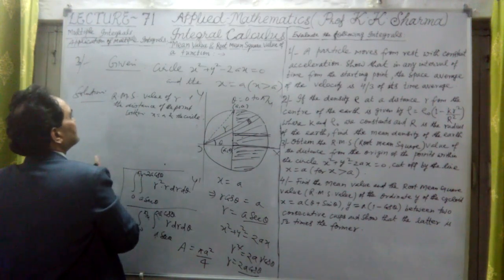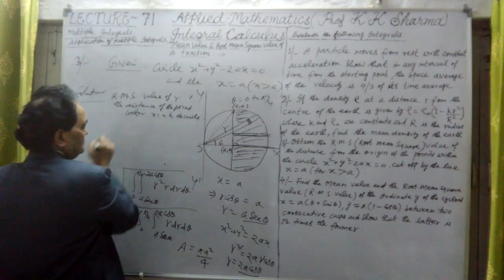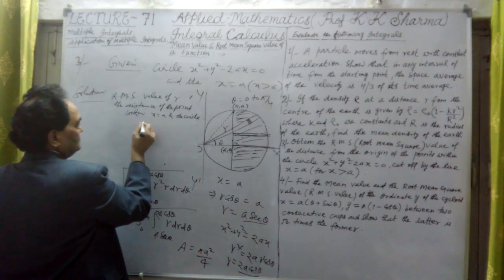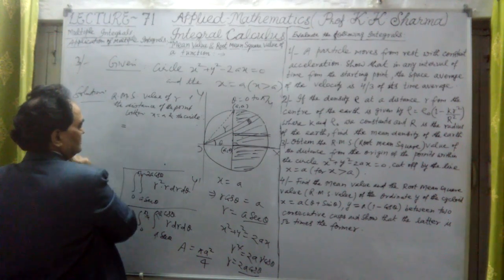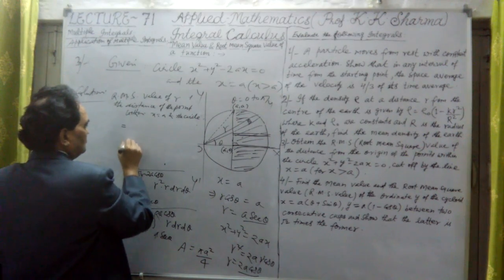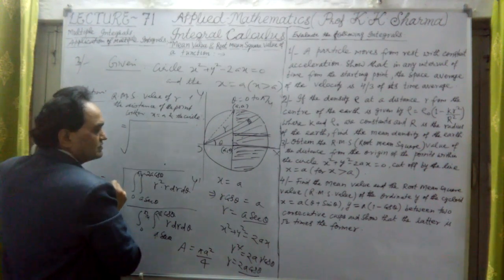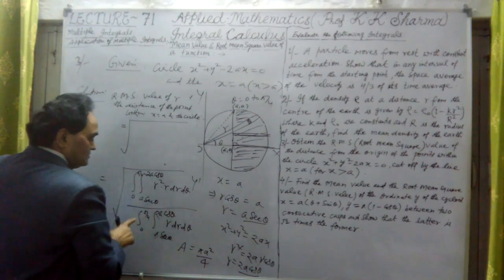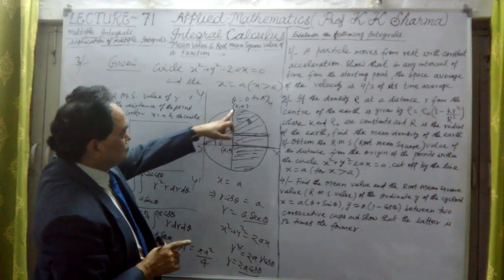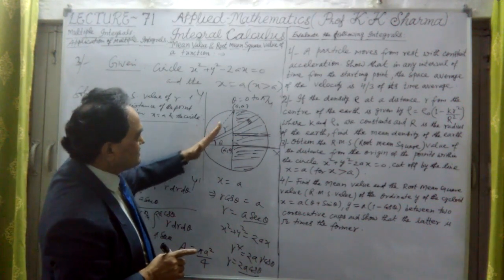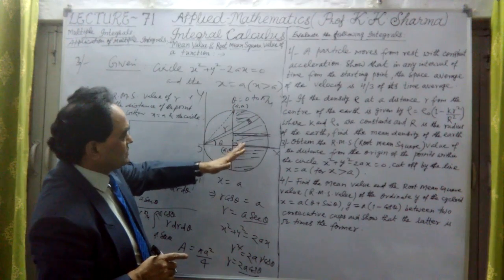So root mean square value that we are calculating here, that means this is nothing but square root of that we are calculating here. So the limits for theta are theta equal to 0 to pi by 2. This is the middle point, x equal to a is a line, no problem.